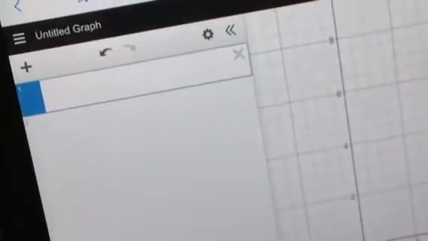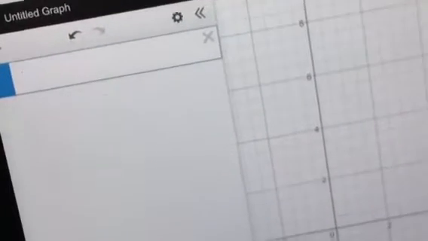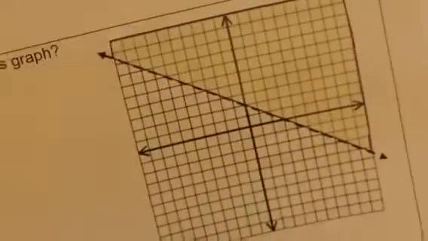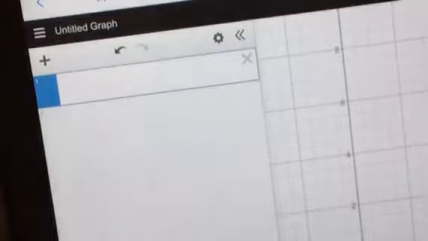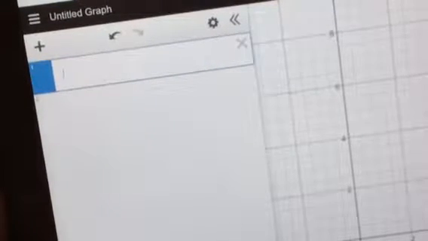So I'm going to do it one at a time to see if it's a line that goes through negative 2. And remember, this line is going down. That line is going down. So the slope is negative. So let's see. I better hurry because I'm at 7% on this iPad.